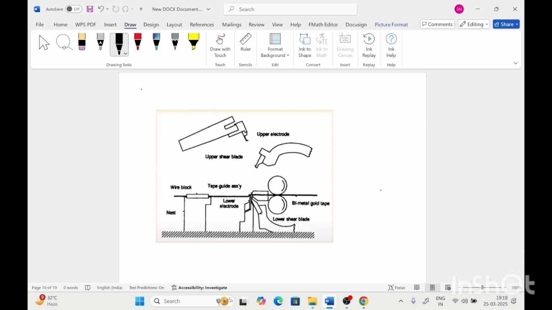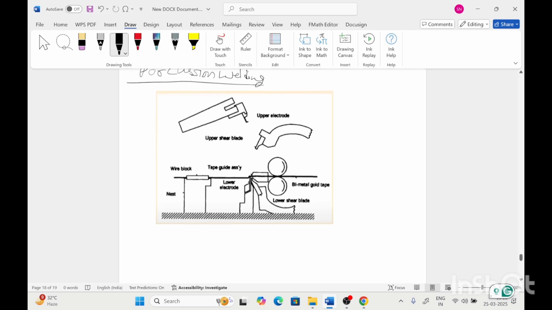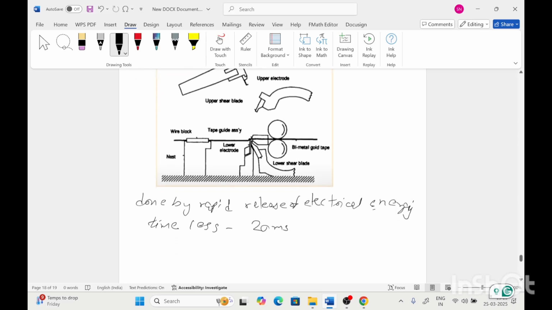Next is percussion welding. Percussion welding is generally done by rapid release of electrical energy. The time is very short in this process, around 20 milliseconds.